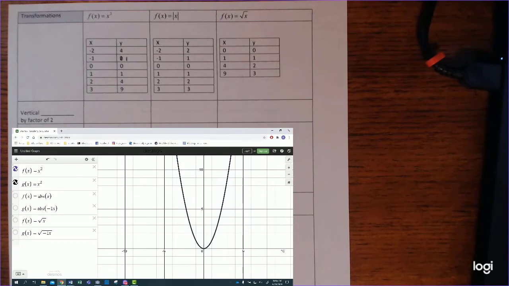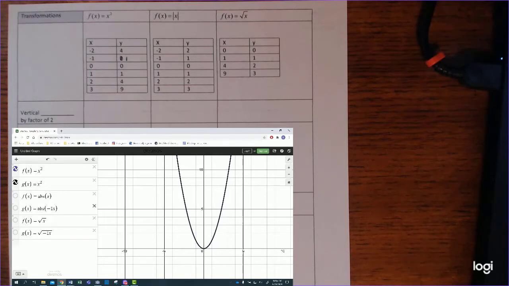So if I want to vertically stretch something by a factor of 2, here's what you want to think of. Again, the y-axis is up and down. The x-axis is left and right. If you were to climb up the y-axis, you would be climbing vertically, and if you were to walk along the x-axis, you'd be walking horizontally.